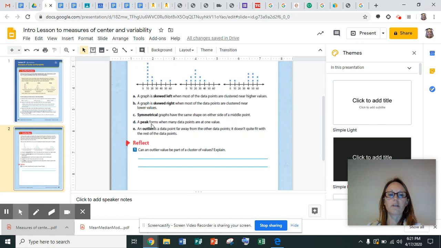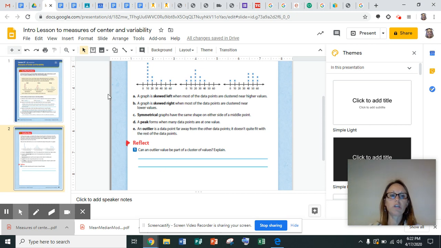Okay, now the question says, can an outlier value be part of a cluster of values? And it says that the outlier is a data point far away from the other data points. So if it's far away from the other data points, then it can't be part of the cluster, because a cluster is when all of them are clumped together, okay?